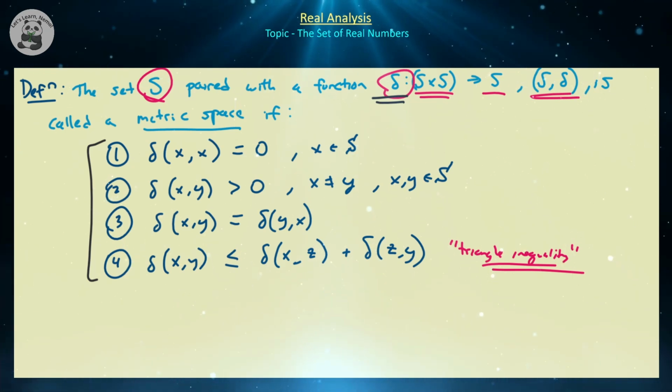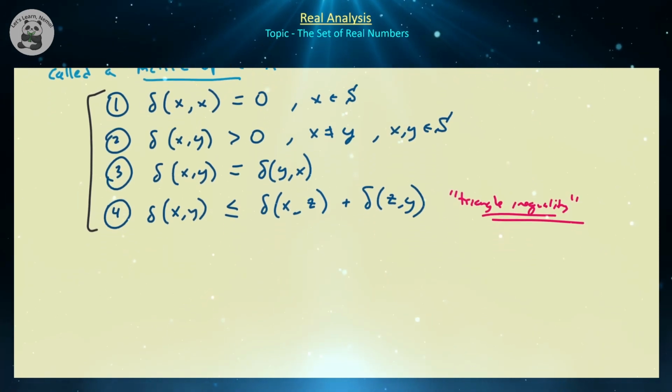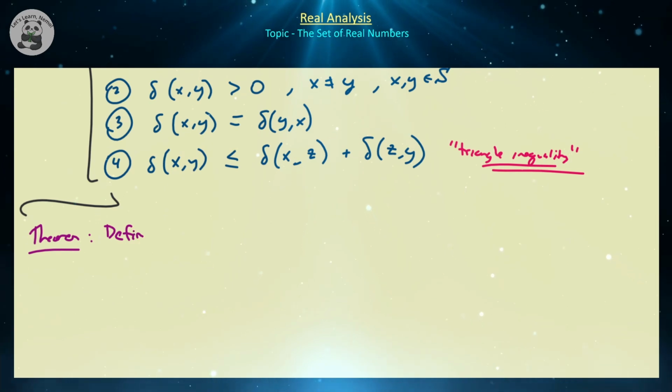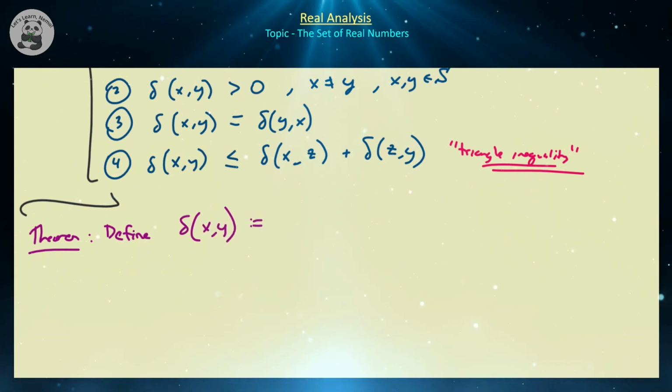So now let's bring this concept into the realm of real analysis. So let's state a theorem and let's prove our first theorem together. And the theorem says the following. Let's define a function between x and y to be equal to the absolute value of x minus y.